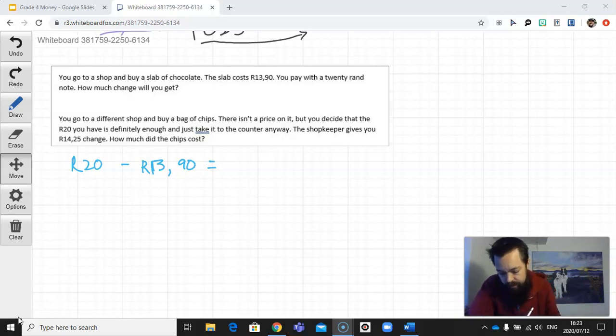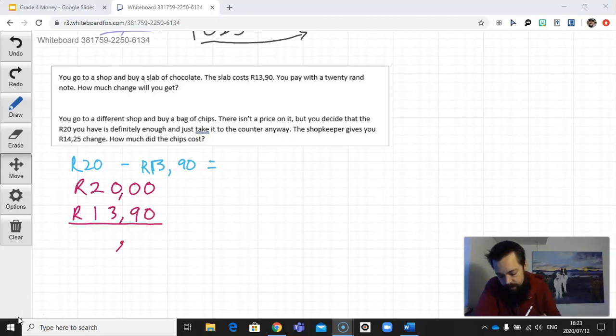Well, the first thing you want to do is write your 20 Rand with the cents after it. You could write both of these as just cents and then get an answer and put it back, but I quite like the neatness of writing it with the commas underneath each other and then treating it like a normal one anyway, so we get the right answer. Okay, so 0 minus 0 is 0, 0 minus 9 we can't do, we have to borrow.